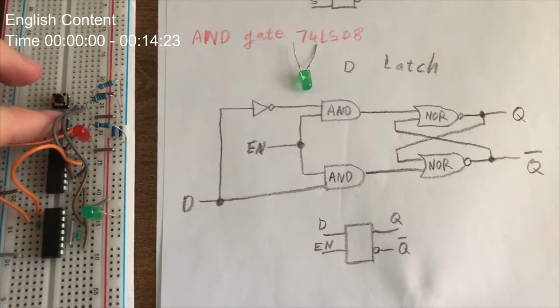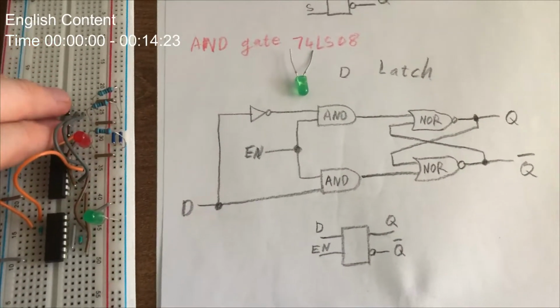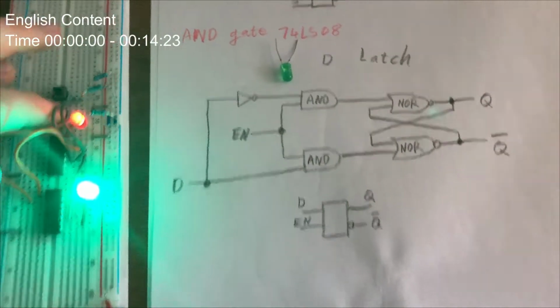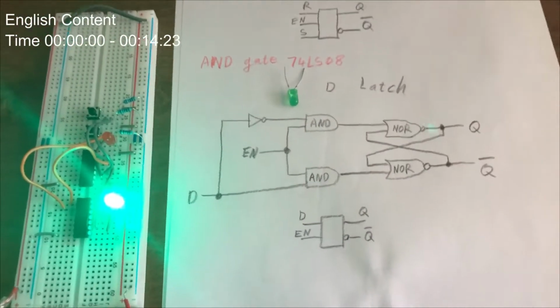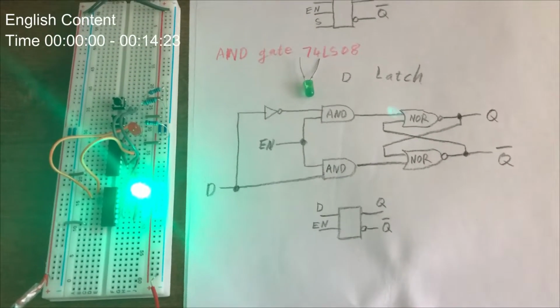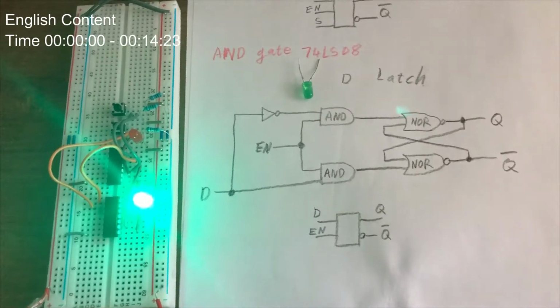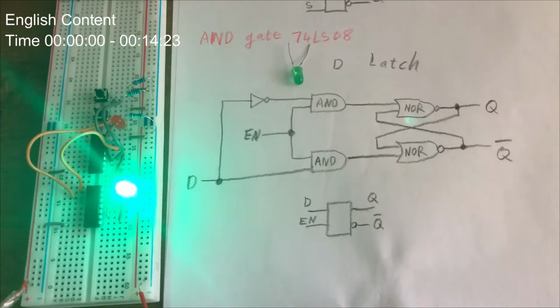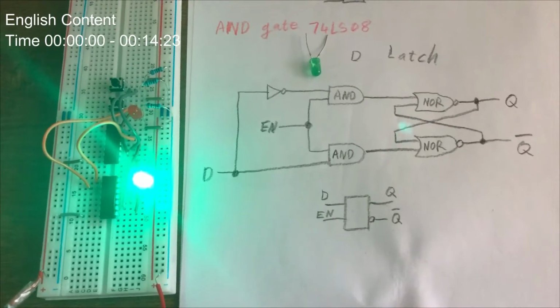When we store 0, now we store 0. When we store 1, now we store 1. This is basically how it works. This is the smallest component in the register chips and some memory chips in a computer.